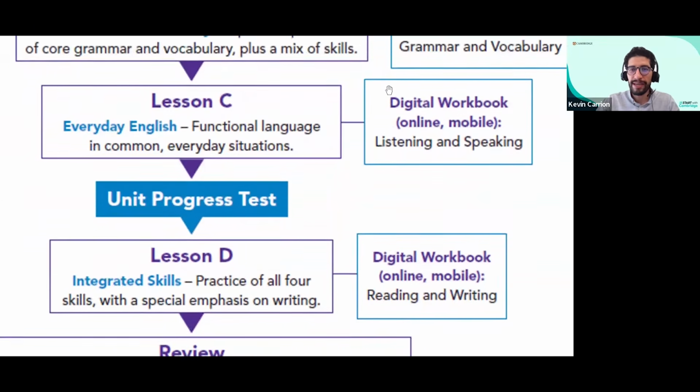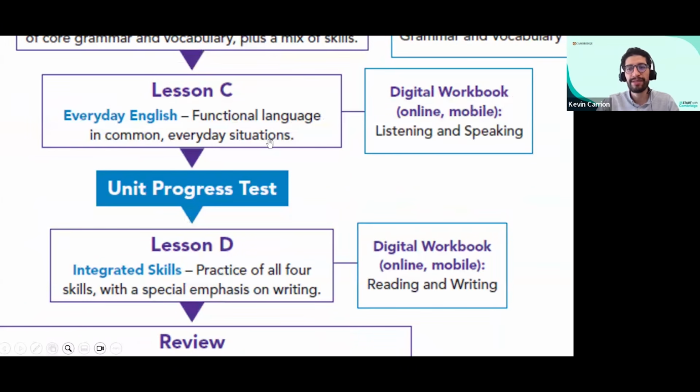Then, moving on to lesson C, we previously mentioned lesson C, remember? In this lesson, we are going to find a functional language lesson. This one is called Everyday English. In this one, the student will be using some chunks of language, some exponents, in a specific situation.